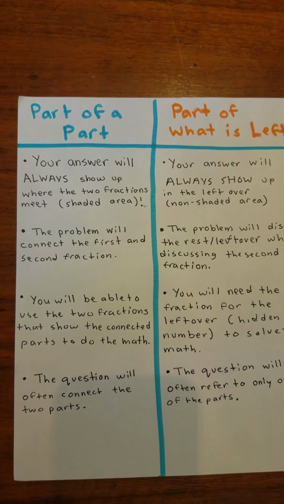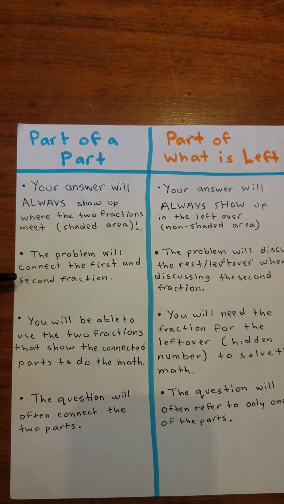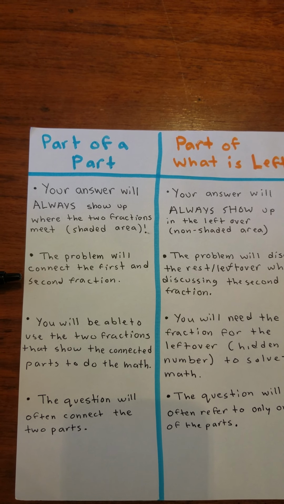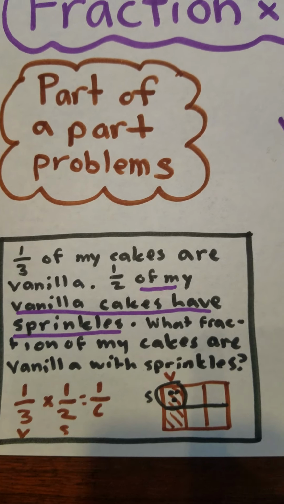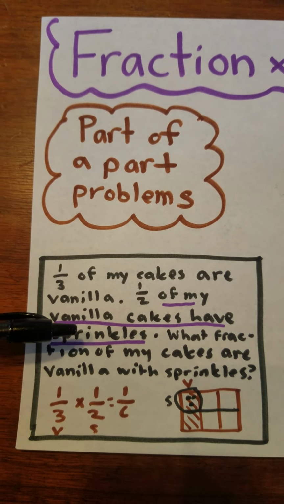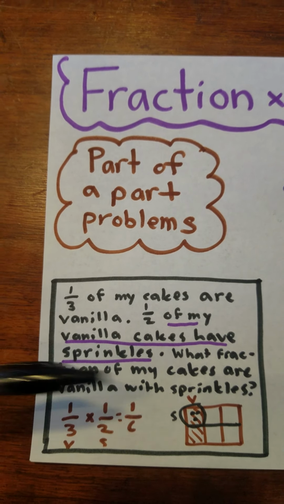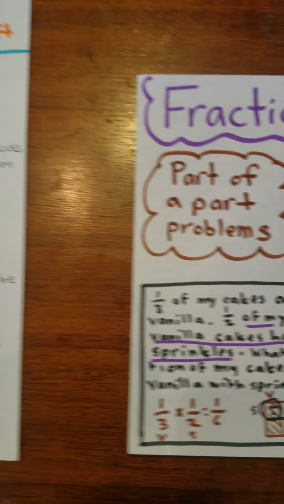The second idea is how the word problems connect these ideas and show them. In part of a part problems, the problem will connect the first and second fraction. Once again, you can see that here where it says 1/2 of my vanilla cakes have sprinkles. This sentence connects the vanilla cakes and sprinkles, showing you that it's a part of a part problem.